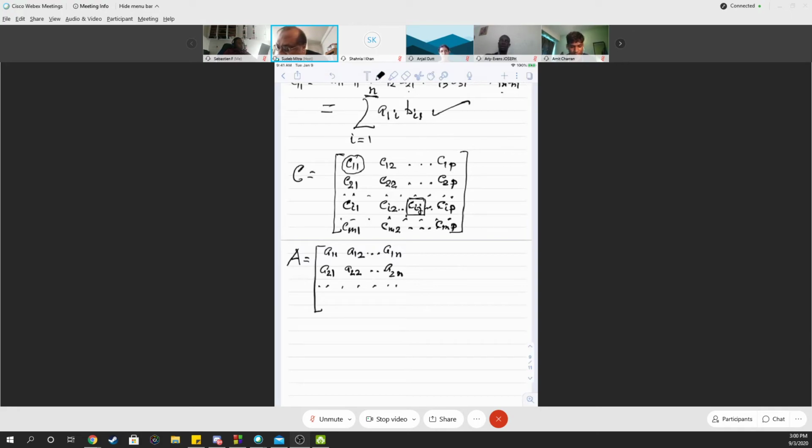Dot. AM1, AM2, AMN. And B was similarly N by P, so it has n rows and p columns.